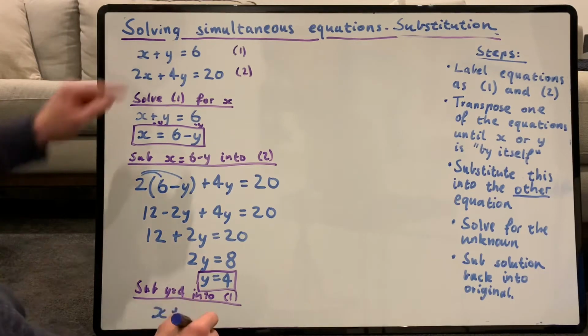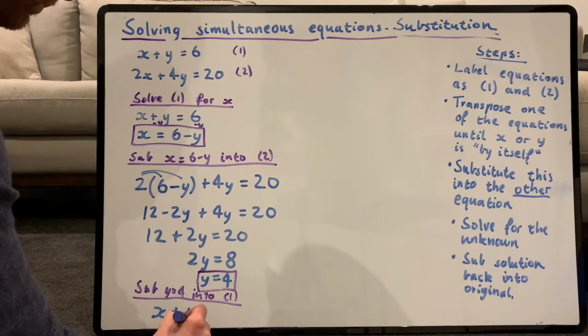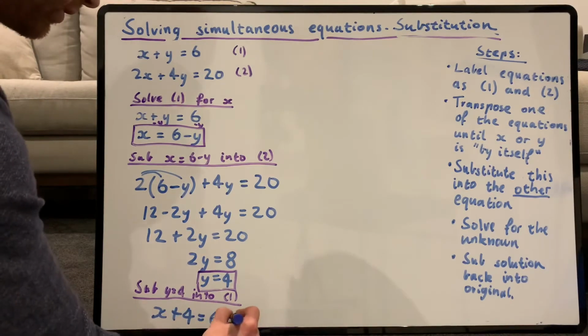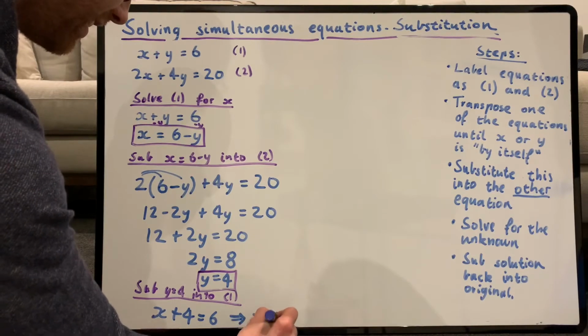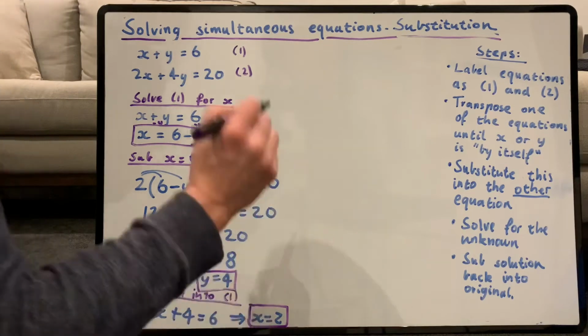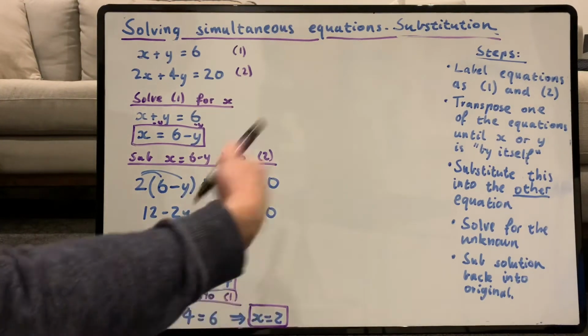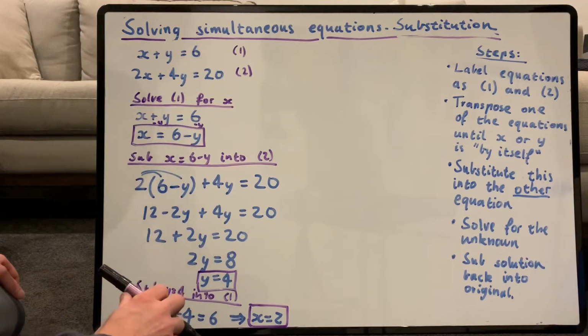X plus, not y, but 4 equals 6. Run out of space. X equals 2. As before. And of course you might want to do a check, but if you want to check that these are the correct answers, you can check the last video where I did that.